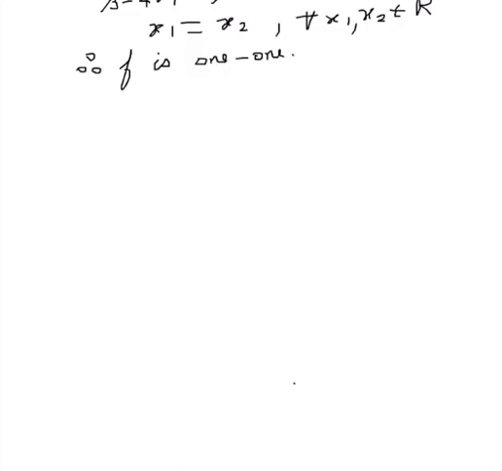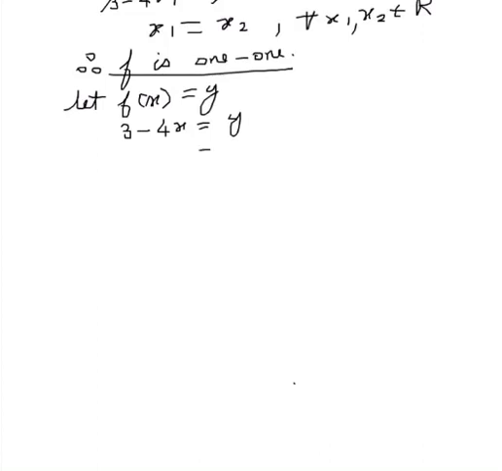Therefore, I conclude that f is one-one. Or you may write in words also, distinct elements have distinct images, but if you are able to show that x1 is equal to x2 by taking f of x1 is equal to f of x2, we can directly write that it is a one-one function. Then we have to check whether it is onto or not. So to do so, we take f of x is equal to y and f of x is 3 minus 4x. Now let us find x.